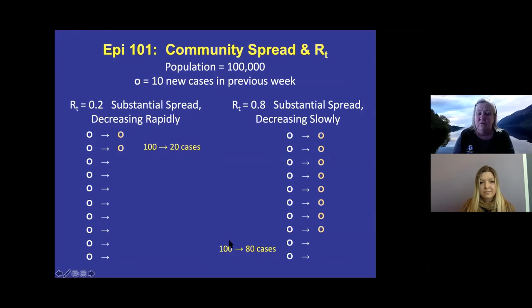So we're going to go from 100 down to 80 cases. And this is pretty much the situation that Brookings has been in. We've had substantial spread for quite a while, and RT has been lower than 1, but it's very close to 1. So the high numbers are being maintained.